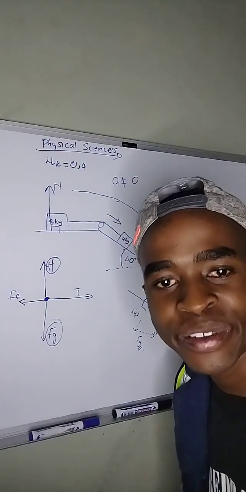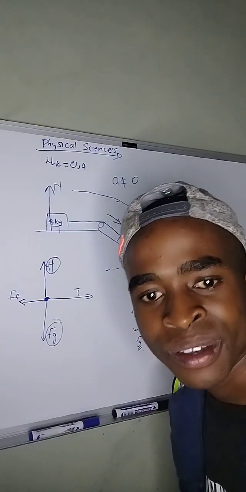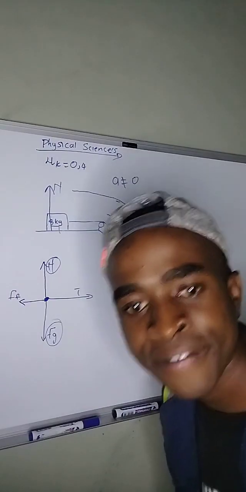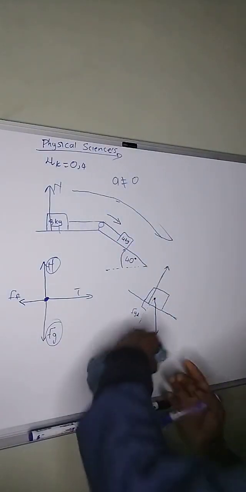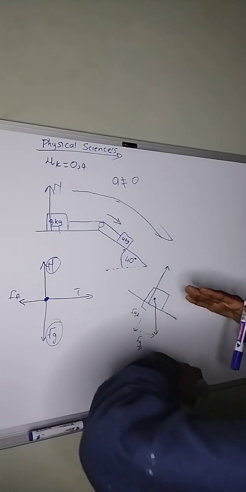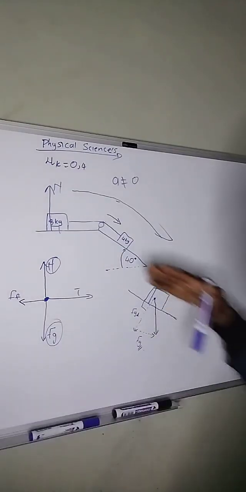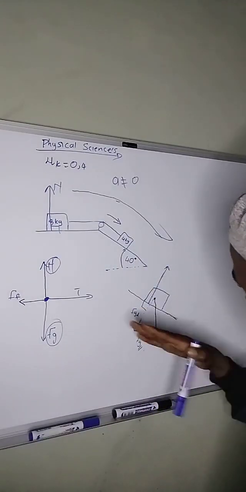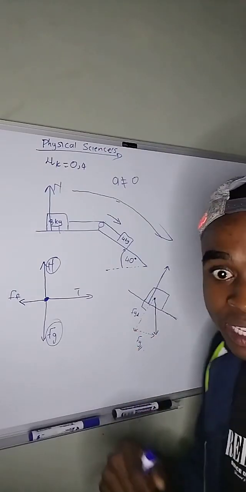It's going to be parallel to the surface. You can see where this is parallel to the surface. It's going to be parallel to the surface and perpendicular to the surface.